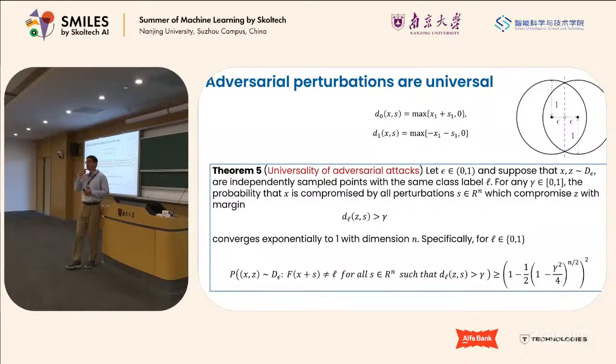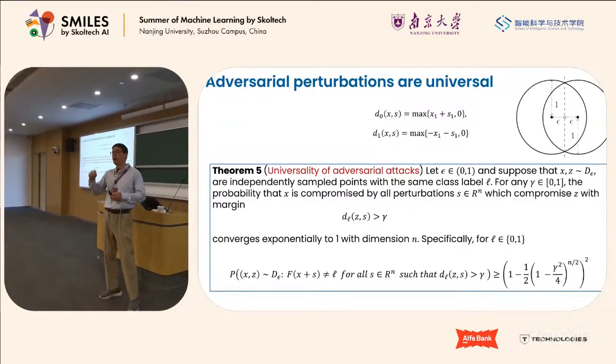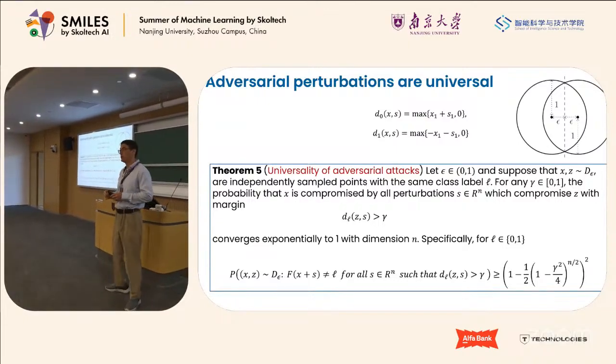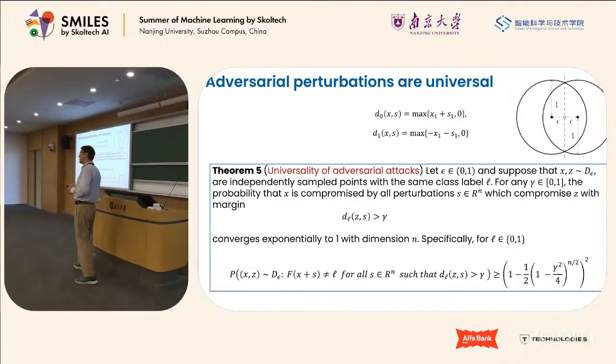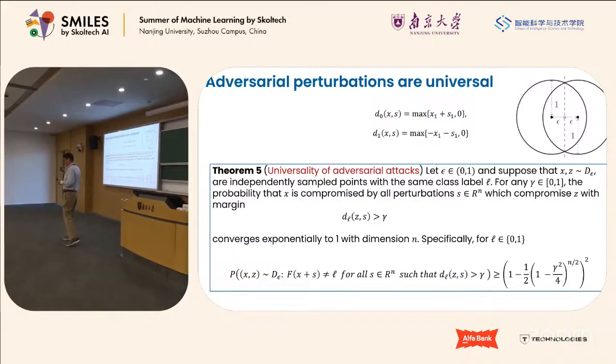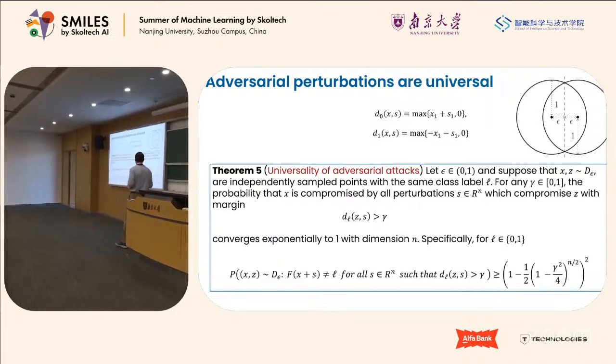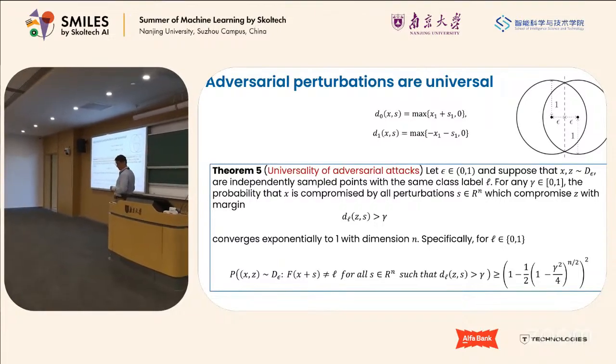Now, there is something else, the universality I told you. So the question which you may ask is this. Suppose that I randomly drew a point. I computed an adversarial perturbation for that point. What are the chances that the same adversarial perturbation will be adversarial for another random point which is sampled independently? And the chances are close to 1.